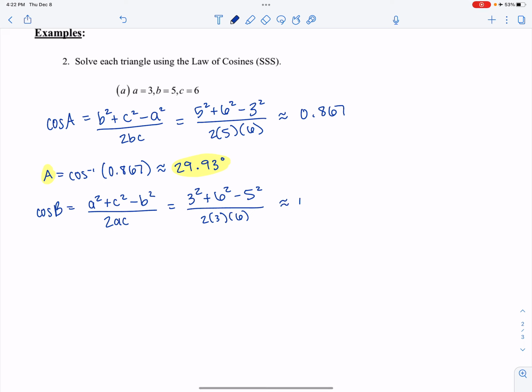That gives us about 0.56. So B is going to be cosine inverse of that value, which is approximately 56.25 degrees.